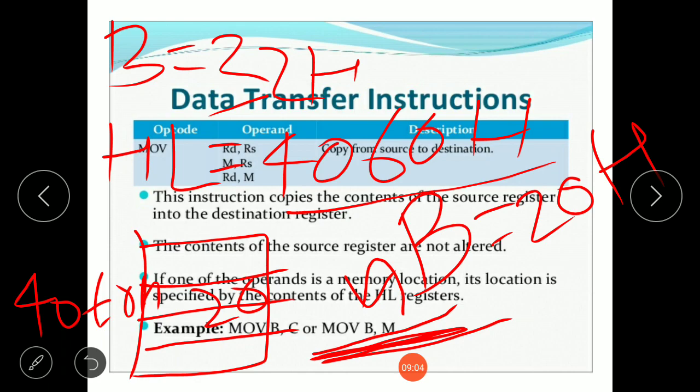How? Because here M is represented by the memory location 4060H, as the content of the HL register pair is 4060H. So in 4060H which data is stored? 20. So this 20 will get stored in the register B.